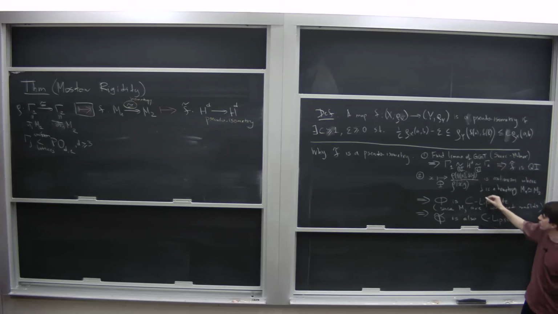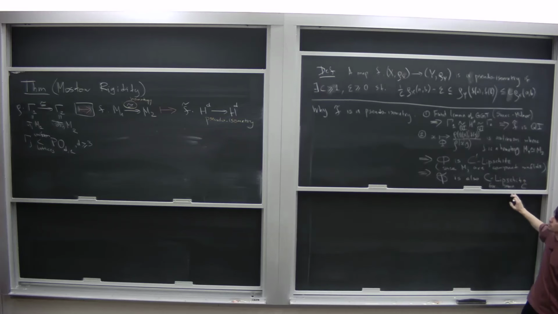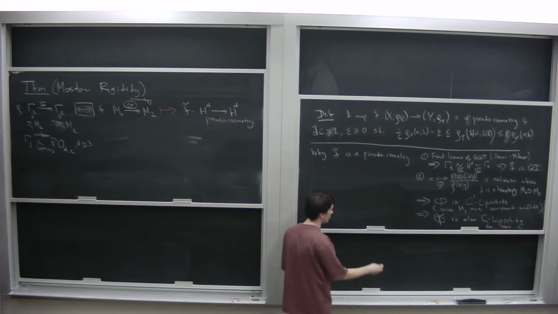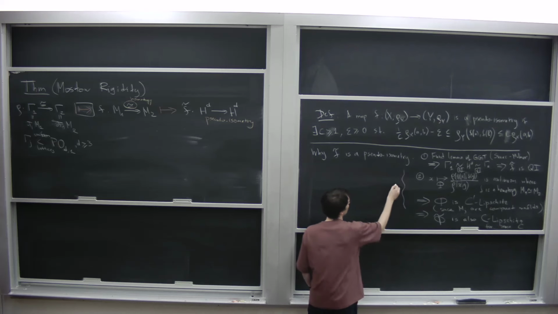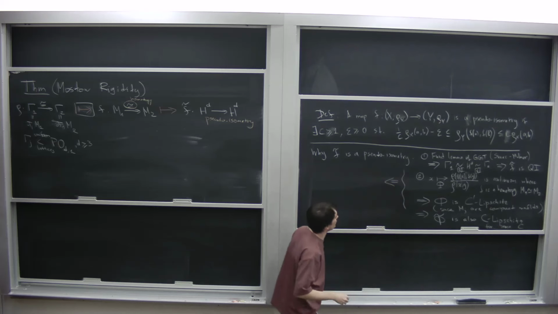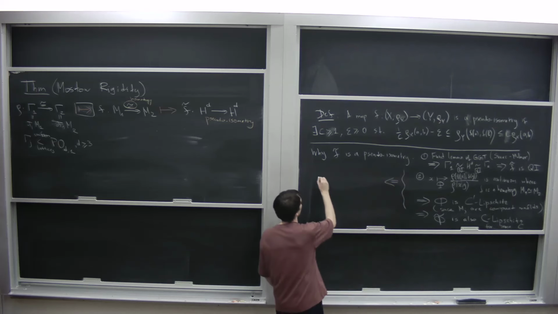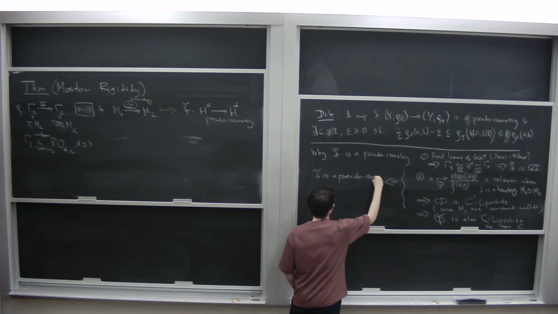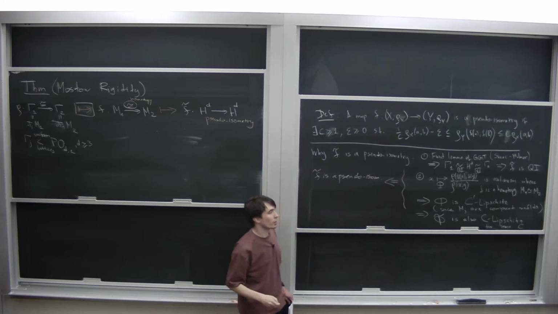So I will write here some C prime, and here for some C. All this implies that f tilde is a pseudo-isometry.